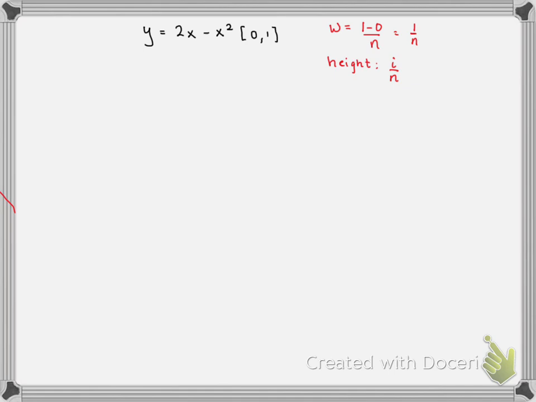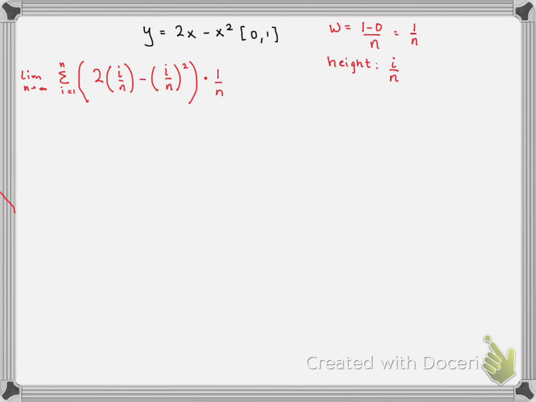Now we'll fill in the limit as n approaches infinity, the sum from 1 to n of 2 times i over n minus i over n squared times the width of 1 over n.